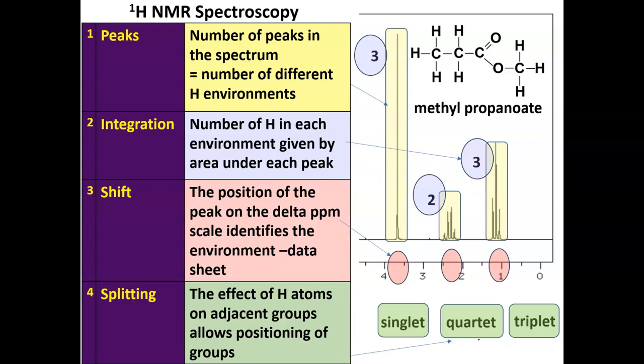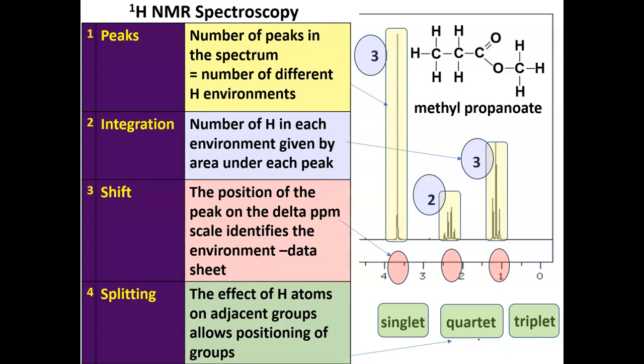So we can see there is a peak centered about 1.2, another one centered about 2.2, and the singlet peak centered about 3.6. The use of the shift patterns is, of course, on your data sheet. Make sure you're using the proton shift patterns, not the carbon ones. And of course, the position of those is measured relative to the TMS reference, which is given the shift value 0.